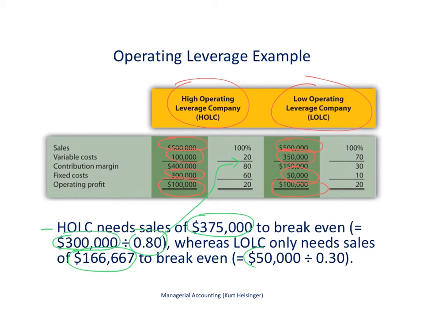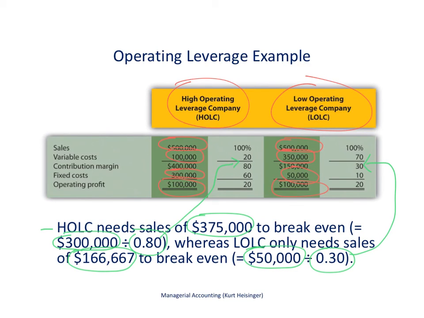And that's calculated by taking $50,000, that's their total fixed cost, divided by the contribution margin ratio of 30%. So again, the high operating leverage companies tend to need a higher level of sales to break even, but once they get past that break even point and increase their sales, they'll profit much more handsomely than a low operating leverage company that is above the break even point and has an increase in sales.